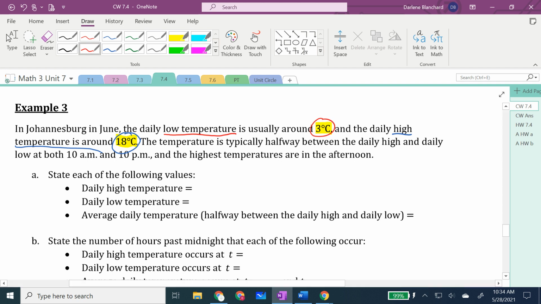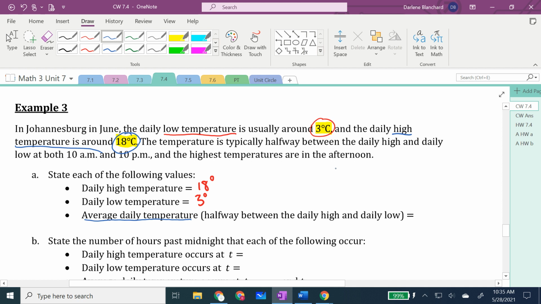So what I'm going to do is write down the high temperature, 18 degrees, the low temperature, 3 degrees. And then there's a reason why I'm asking you here for what is the average daily temperature. So the average daily temperature is looking at what is halfway between the daily high and the daily low.